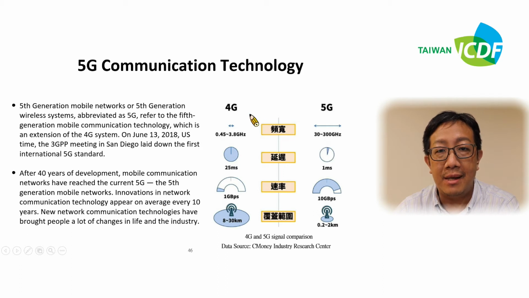And then we can see that the difference between 4G and 5G is a very big improvement in the bandwidth, in the delay, in the rates, and also in the coverage.